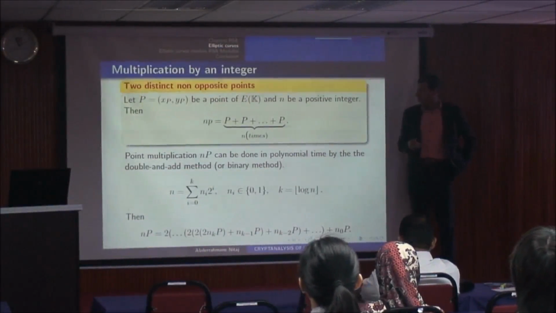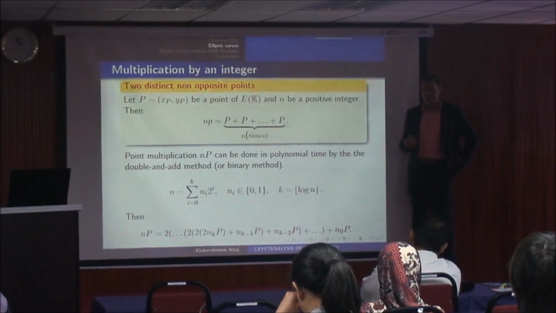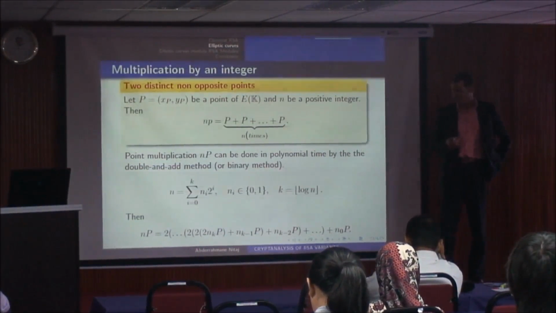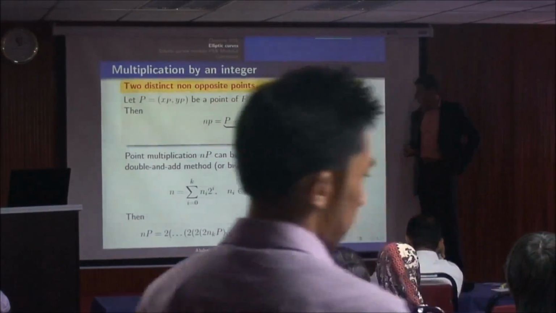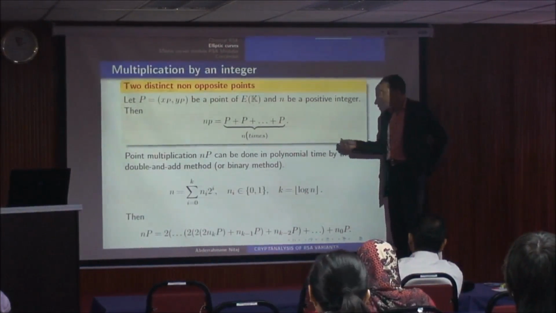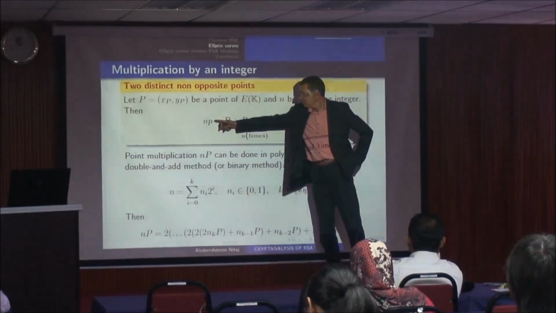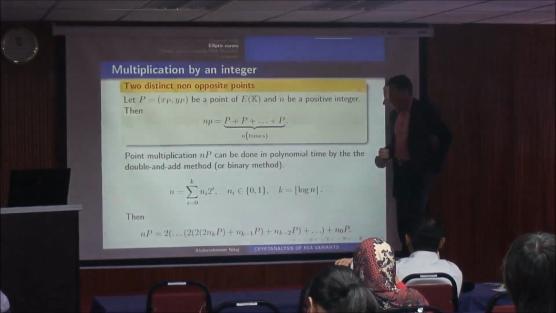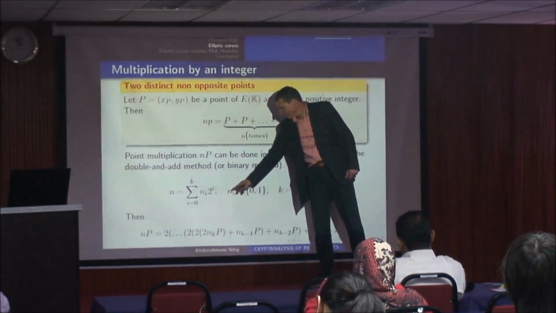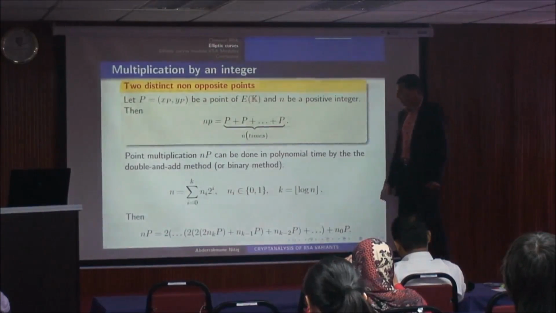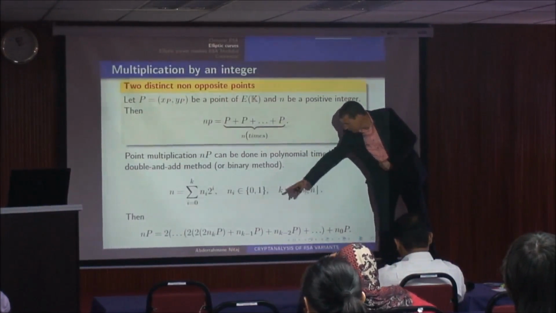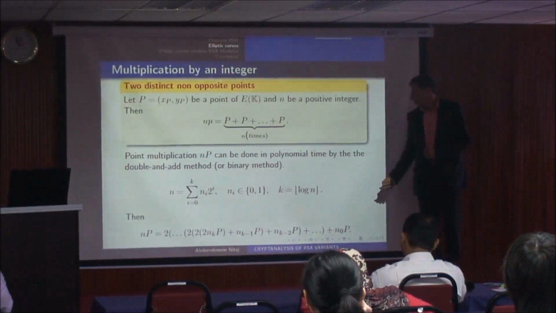But in fact, we can compute n times P by using another algorithm, which is very efficient. To do it the efficient way, we just have to write n in binary form, and when we write n in binary form, it will be like this, and n times P can be computed by using this method.